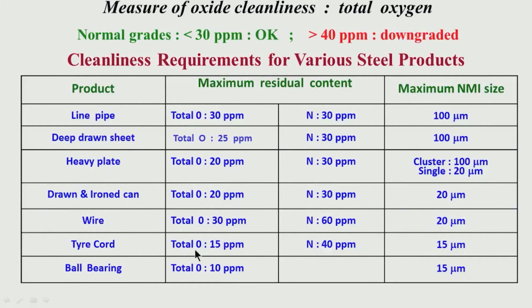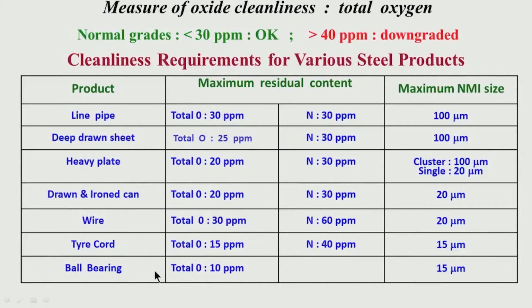Look at the total oxygen, hardly 15 ppm is allowed, nitrogen 40 ppm, 15 micron is the maximum size of NMI. So as we are going to more and more stringent applications, residual contents are becoming more and more stringent, maximum limits are still lower, so we have to be more careful.